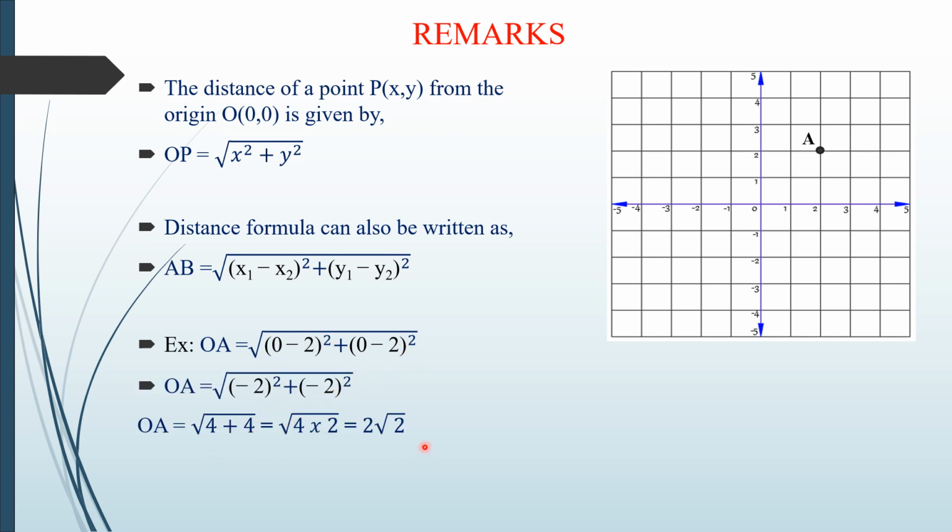Therefore, distance OA is equal to 2 root 2, that we have directly calculated using this formula, because anyway this term and this term are going to be equal to 0, so only one term would be remaining here, that is nothing but the x and y coordinates of point P, whose distance we want to calculate from the origin.